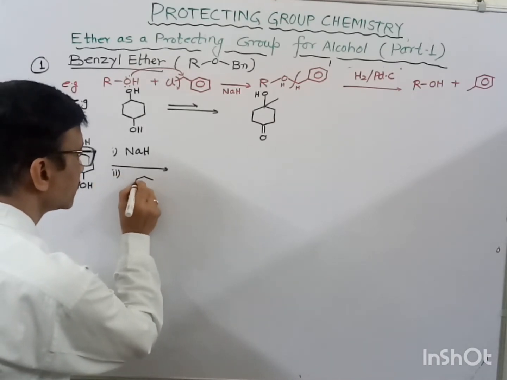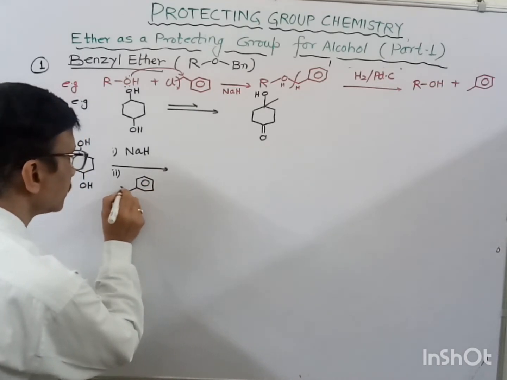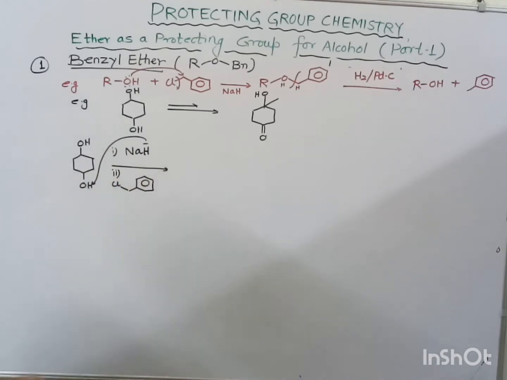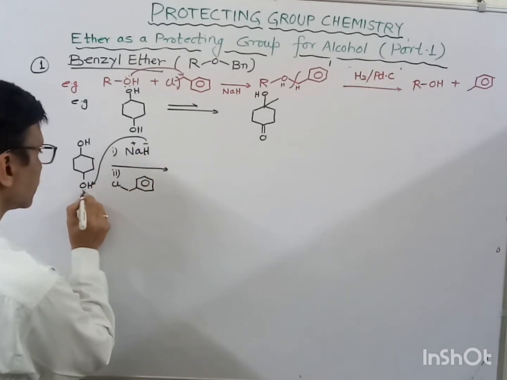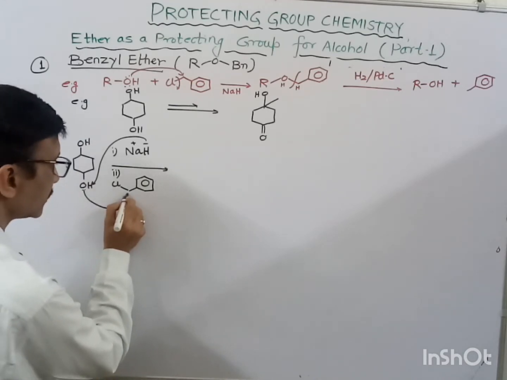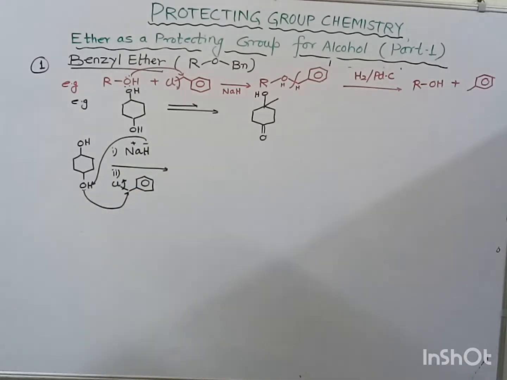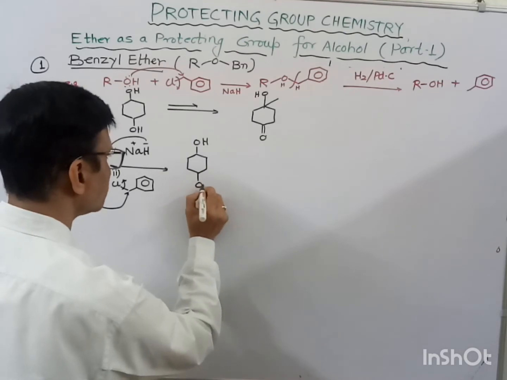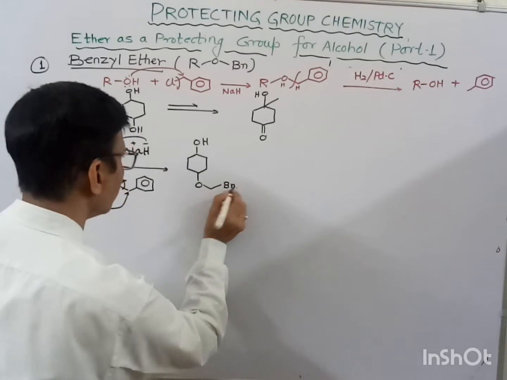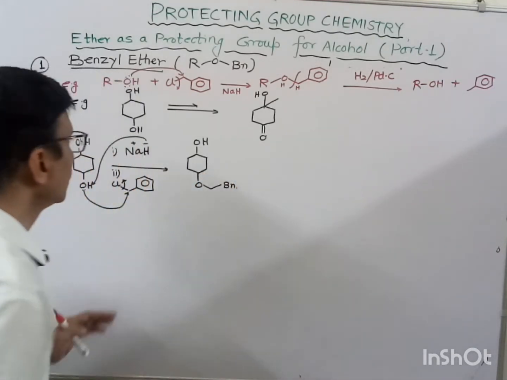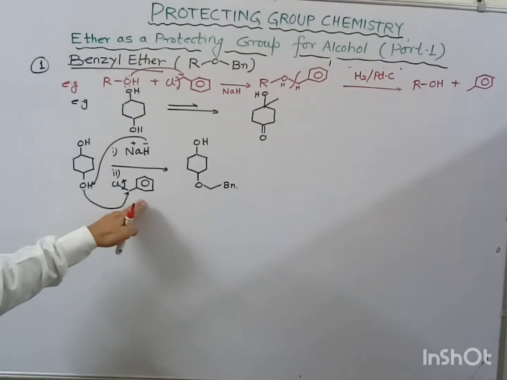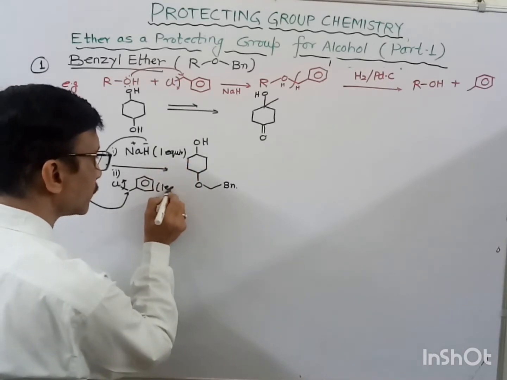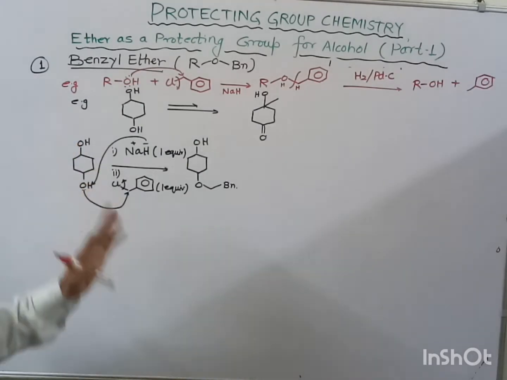The negatively charged oxygen attacks the benzyl chloride and chlorine leaves. So we get one OH and one OBn, the benzyl group. We use only one equivalent of each, so that only one OH gets protected.